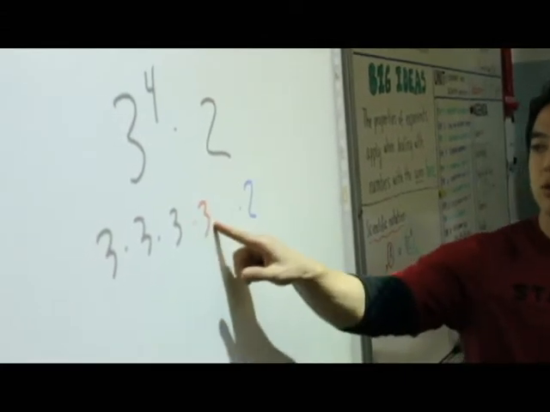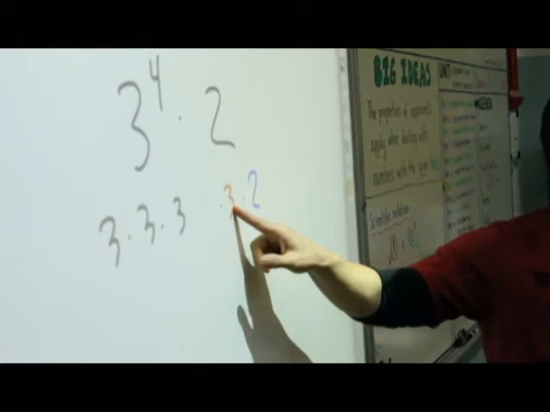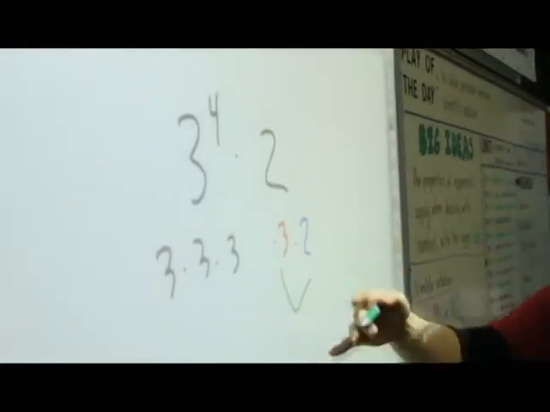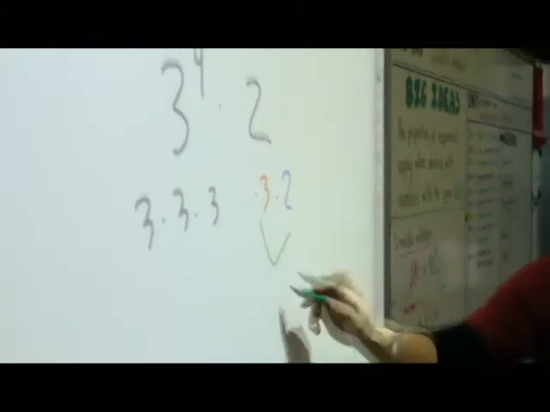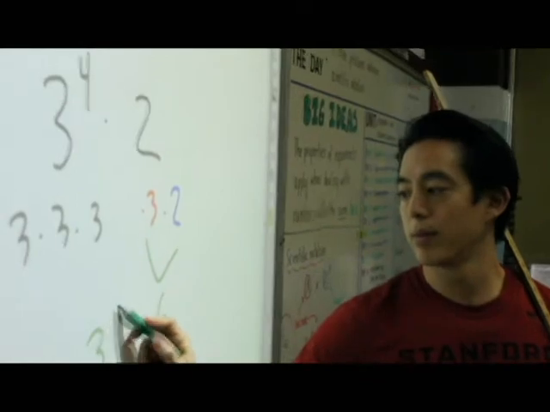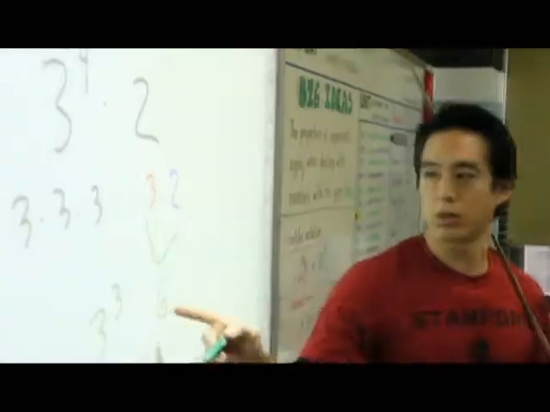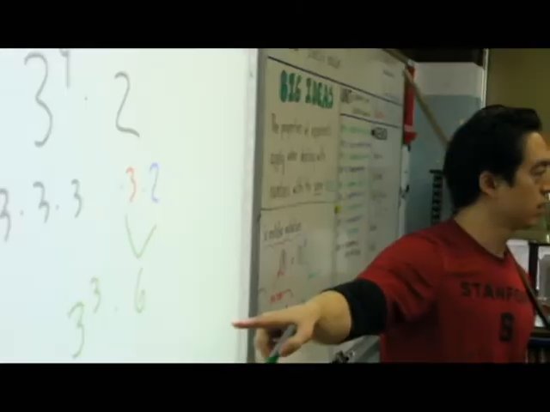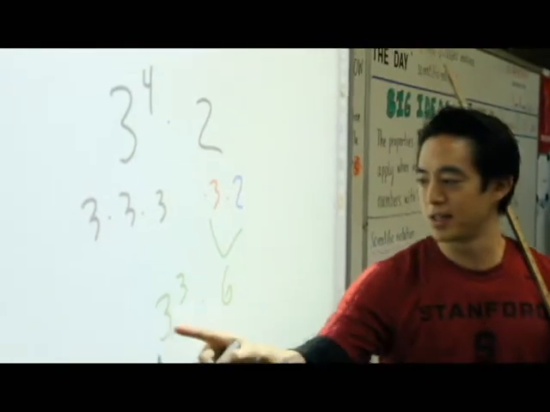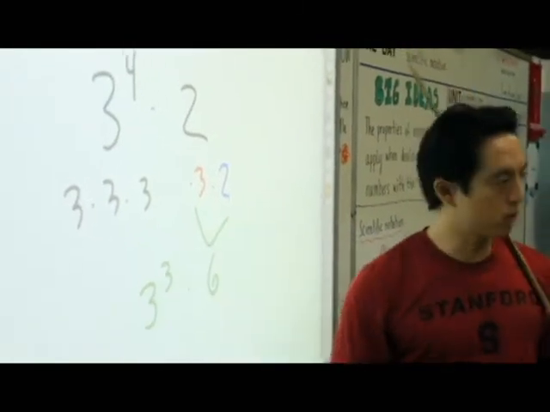You say, let me take this one away over here and put it over here. Can we do that? Yeah, you can, because you can multiply these numbers in all different ways. 3 times 2 is 6, so you can say this is 3 to the 3rd times 6. Are these equivalent? Yes, they are. 3 times 2 times 3 is the same thing.